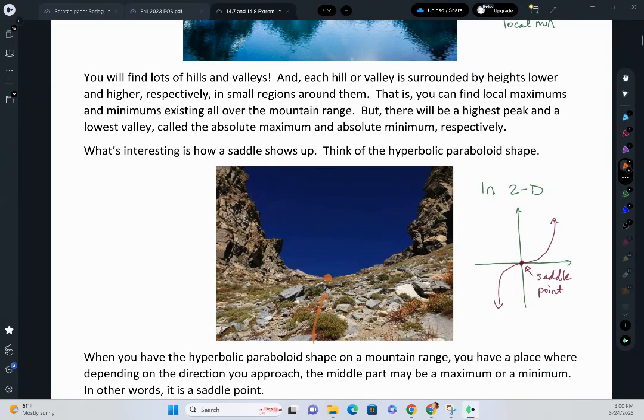But if we were to approach, say, from the top of the hill to that point, we would be going down. So from one direction, it's a maximum. From another direction, it's a minimum. That means it's a saddle point. So that kind of gives you a picture of what the extrema would look like in 3D.